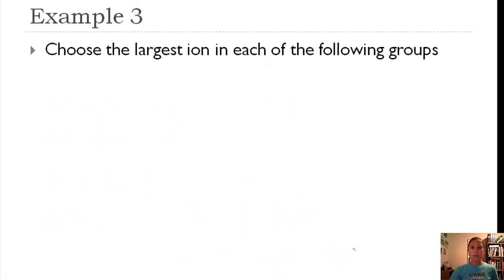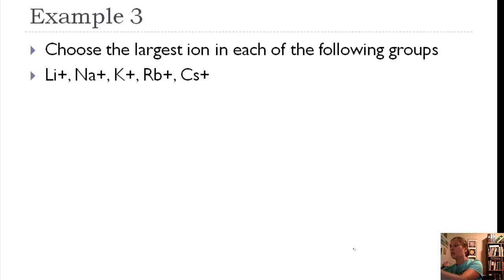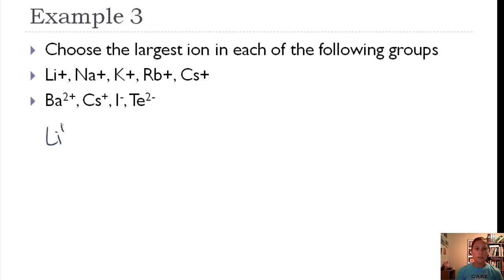Okay, so now we want to choose the largest ion in each of the following groups. Let's put both examples. We're going to look at example 1 first: lithium, sodium, potassium, rubidium, and cesium. Well, lithium has 3 protons, and because it lost 1, 2 electrons.